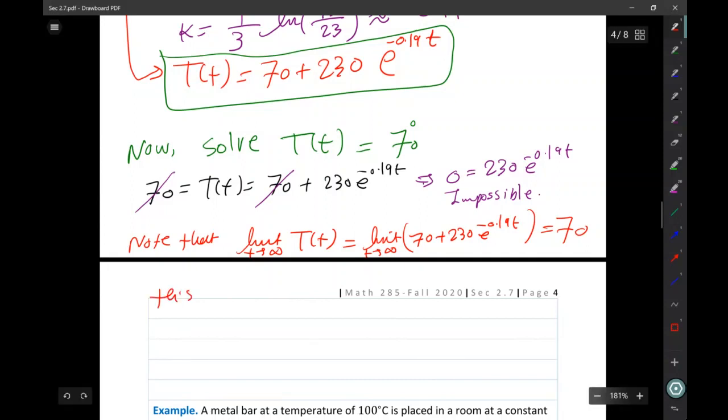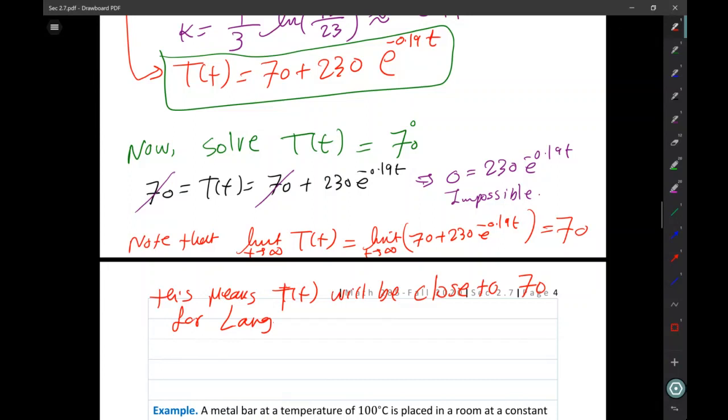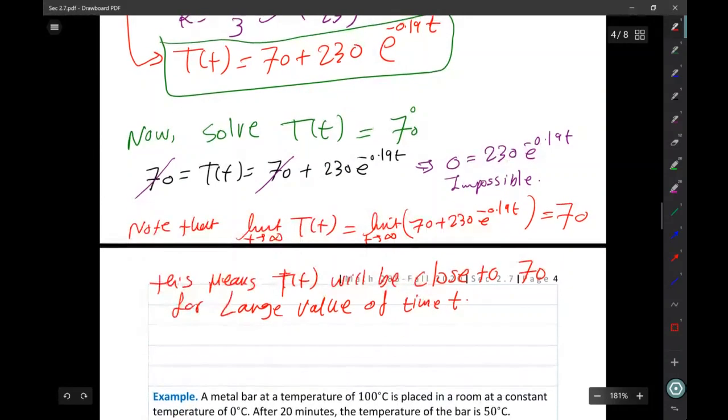This means the temperature will be close to 70 for large values of time t.